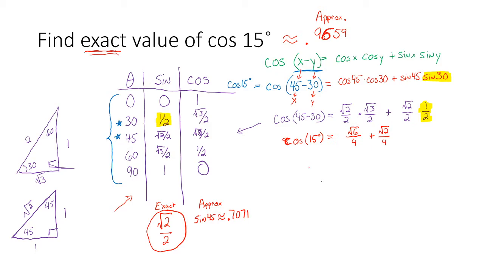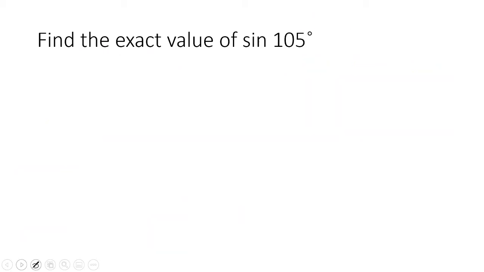You'll notice that I have common denominators, so I can smush those two values together, and I'd have the square root of 6 plus the square root of 2 over 4. That is how we use the formulas from the slide previous. Again, we'll move on, and I'll give you another example.